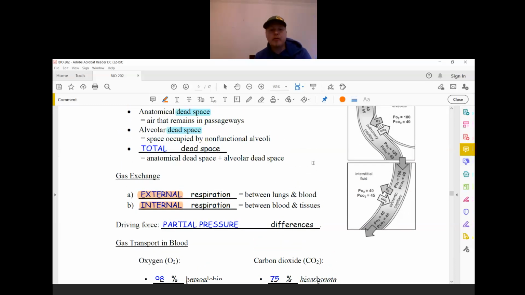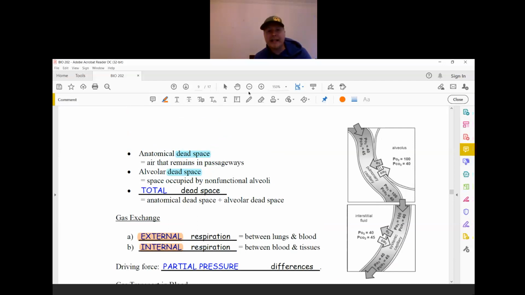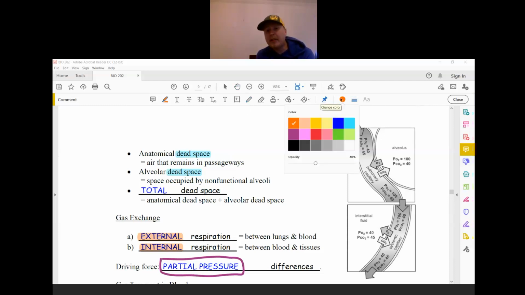And remember that the driving force for the gas exchange on these was the partial pressure differences between the gases on two sides. Let's start with the external respiration, and we're going to have a look at what sort of values we can see there. We're going to start by looking at the oxygen.